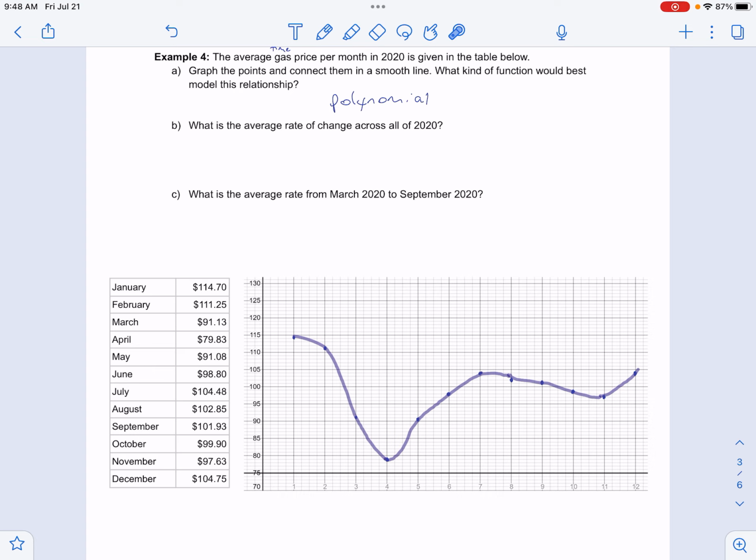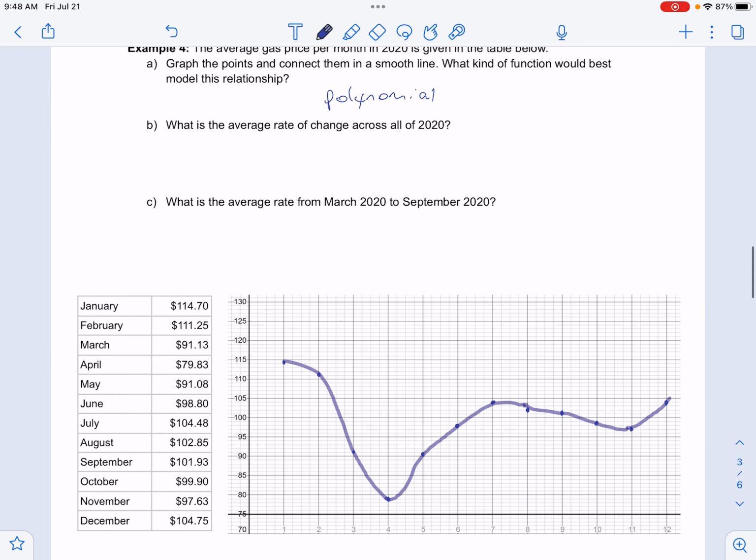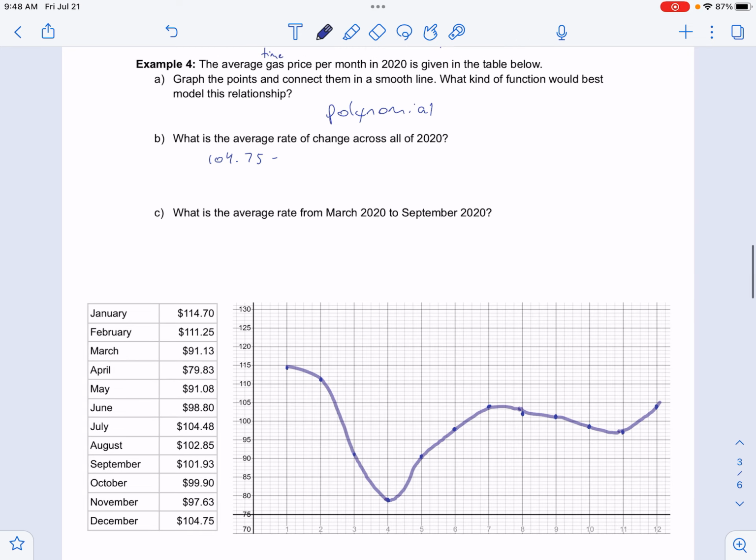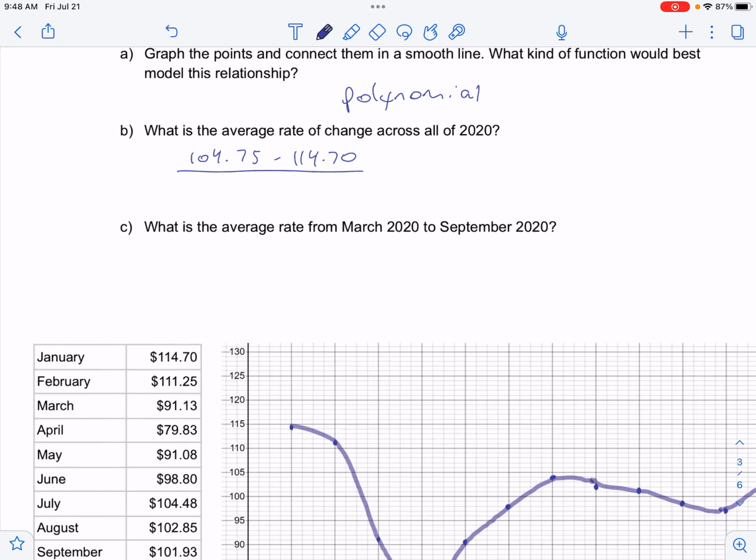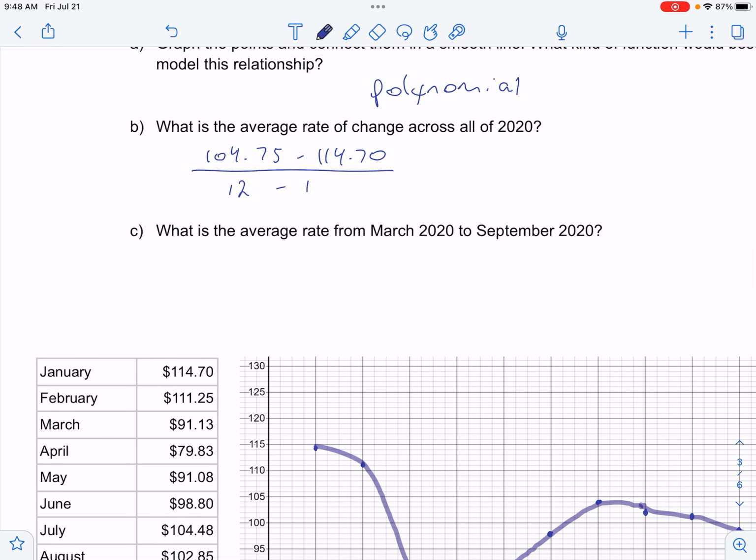Okay, what is the average rate of change across all of 2020? So we'll say, well, what did we end at? We ended at 104.75. That was our price, but we started at 114.70. And that was over the span of technically 11 months, right? 12 minus 1.